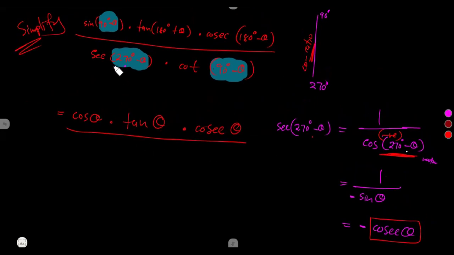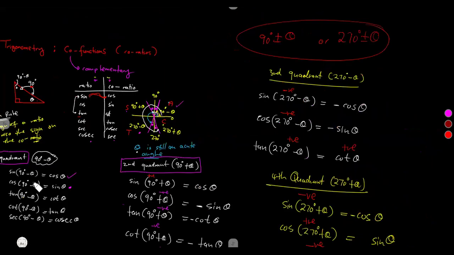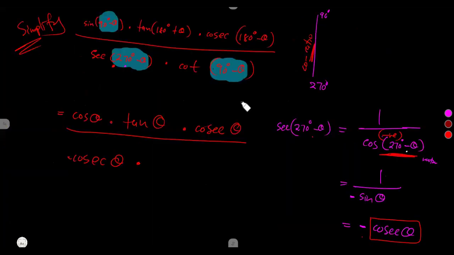All right. So we saw that this will change to what? A negative cosec of theta times, what about cot of 90 degrees minus theta? So we will not waste much time. We talked about this. Cot of 90 degrees minus theta, we said is what? It's tan of theta, as it is because it's a positive angle, but cot changes to what? Tan. Remember, cot changes.